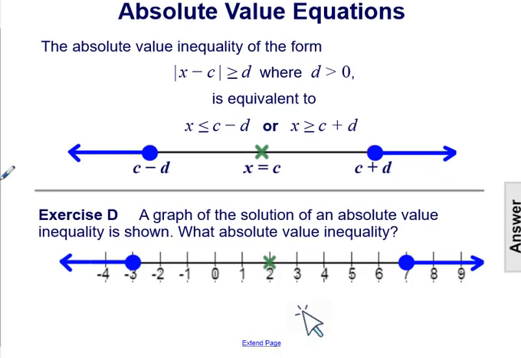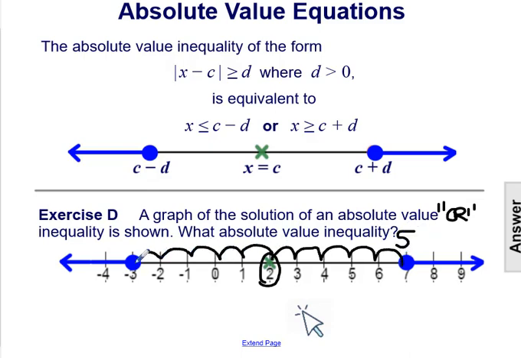So here's an example where a graph of the solution set of an absolute value inequality is shown, and we want to work backwards. We want to write the inequality. So knowing what we just talked about, this graph is an OR graph. This is an OR compound inequality, and it looks like we have a center of 2, and we have a distance of 1, 2, 3, 4, 5 in either direction.